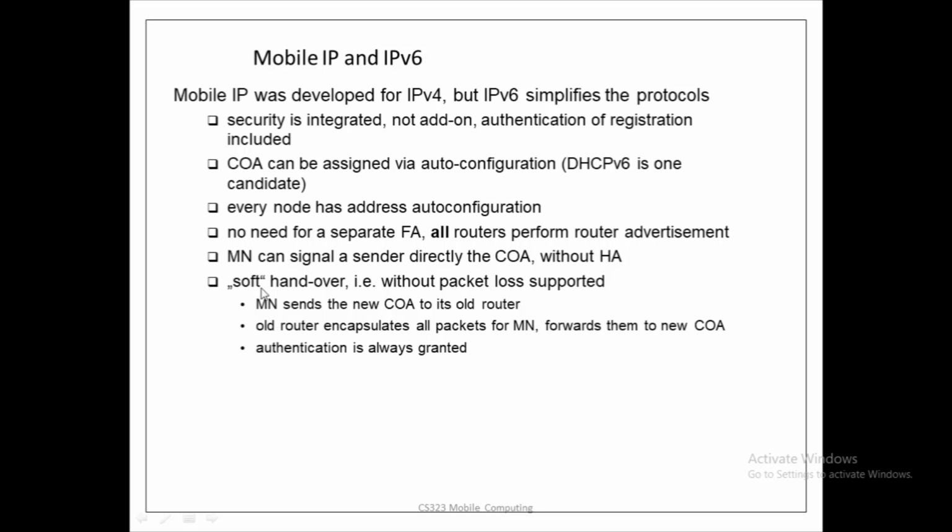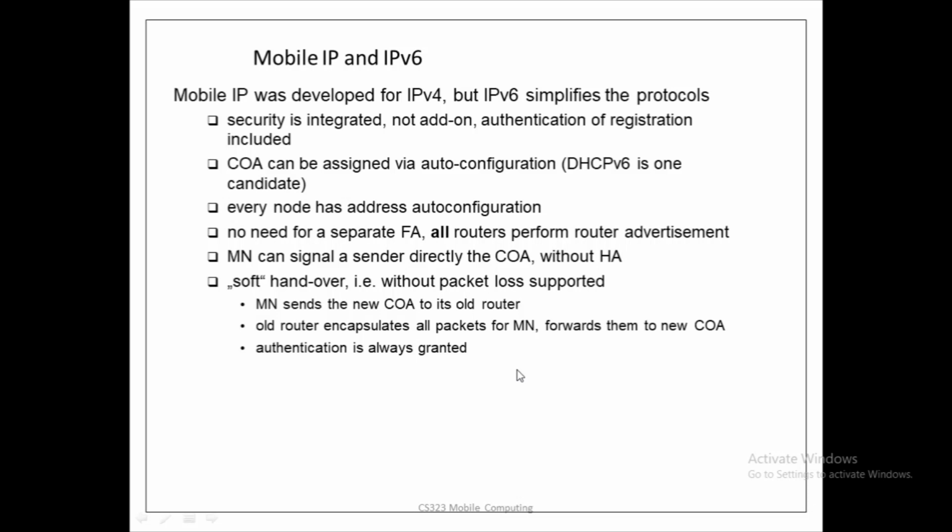A soft handover is possible with IPv6, right? The mobile node sends the new COA to its old router, and the old router encapsulates all packets for the mobile node and forwards them to the new COA. Authentication is already granted, right?